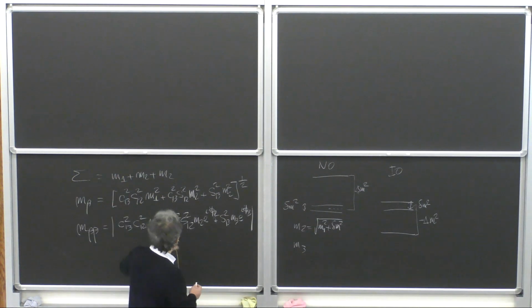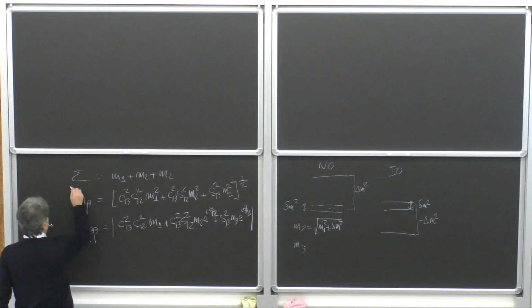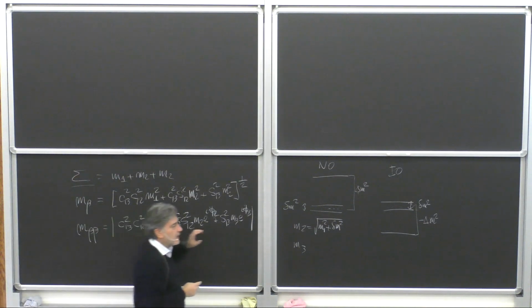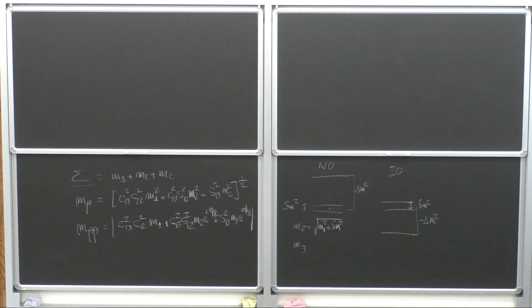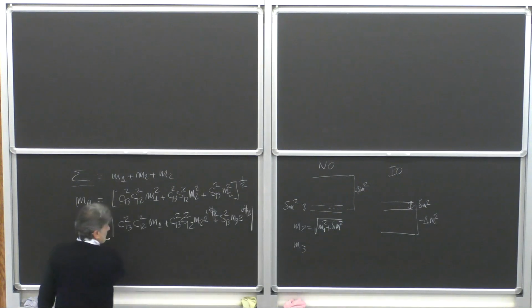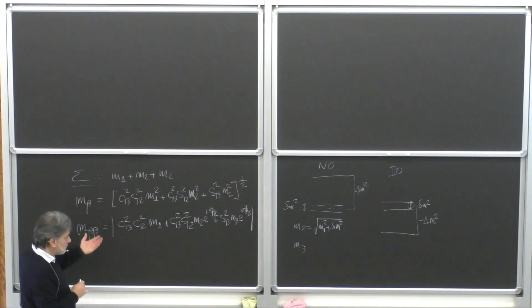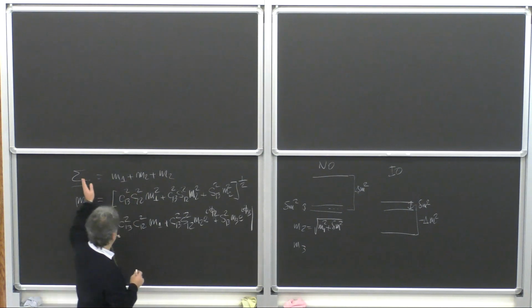Meaning that if you fix a value for sigma, let's say 0.2 electron volt, the allowed values for M beta beta depend on the values that we give to sigma.